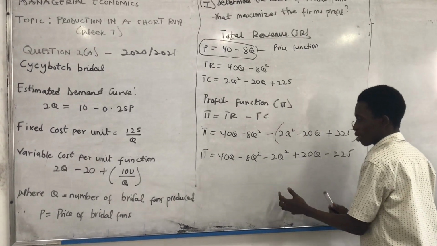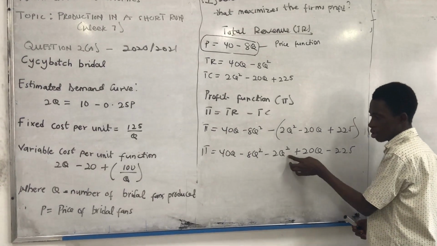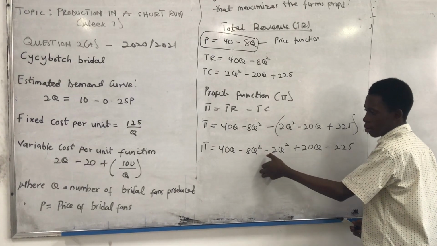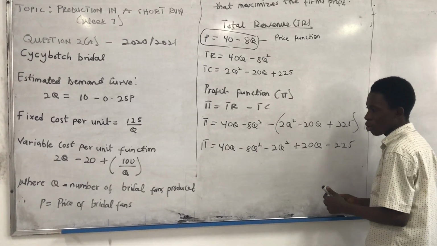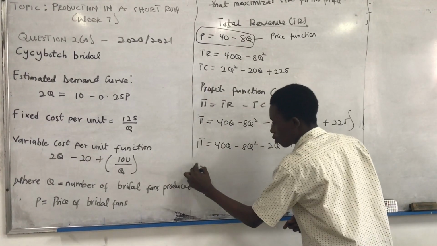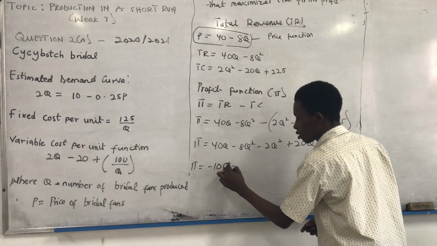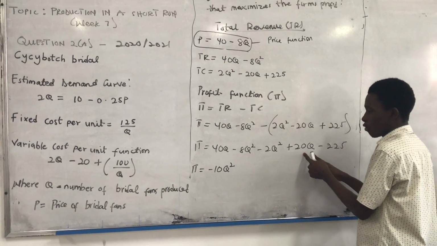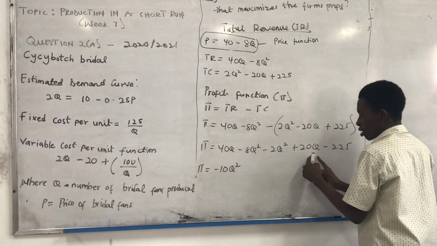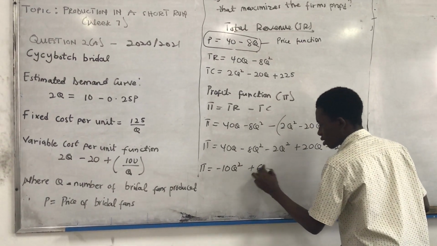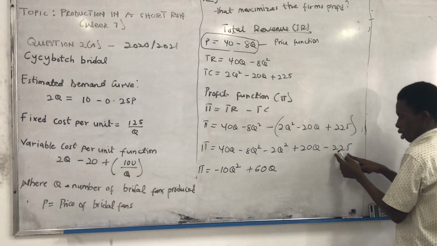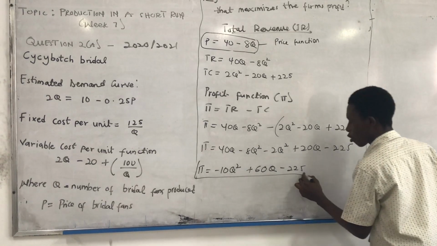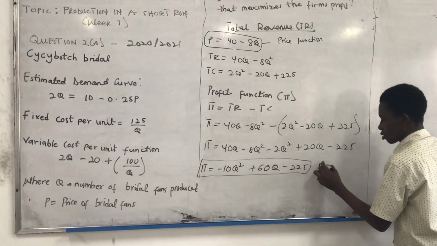Now let's group like terms: negative 8Q squared plus negative 2Q squared will give negative 10Q squared. Now there's 40Q and 20Q. They are the same Q, so 40Q plus 20Q gives us plus 60Q minus 225. So this becomes our profit function.